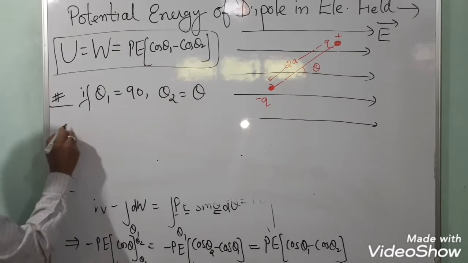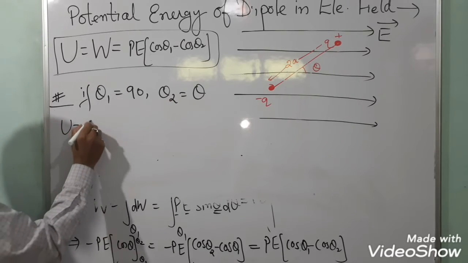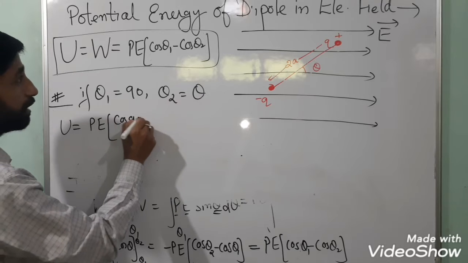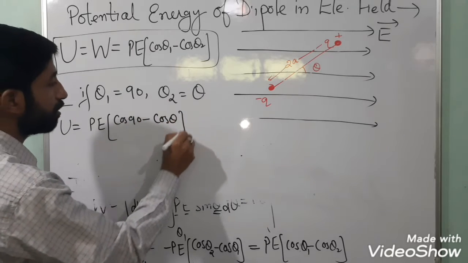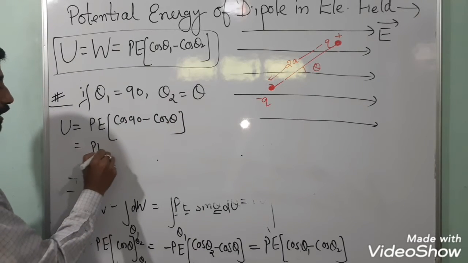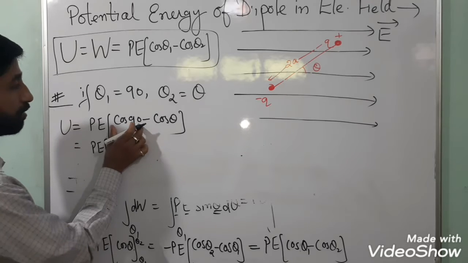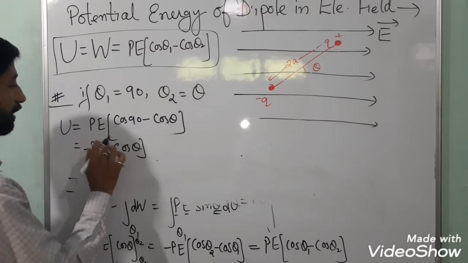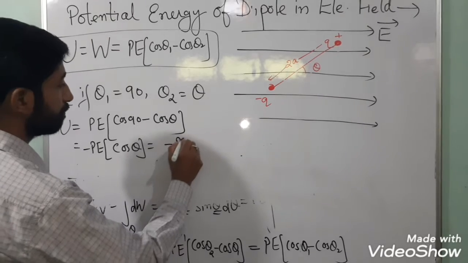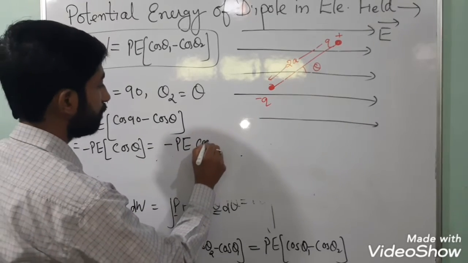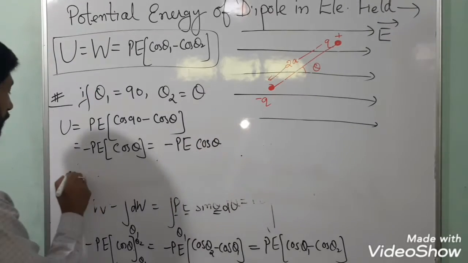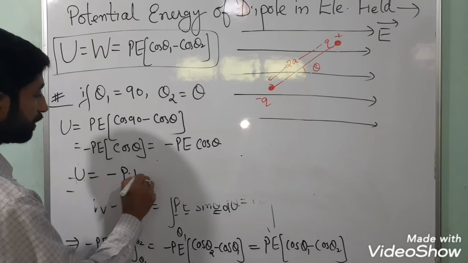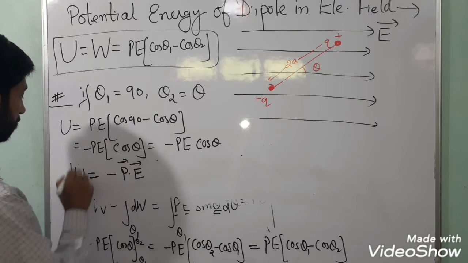Then this expression becomes U equal to Pe (cos 90 minus cos theta). Cos 90 equals 0, and we get simply cos theta with a minus. So this is minus Pe cos theta, and this U is denoted by minus P dot E.